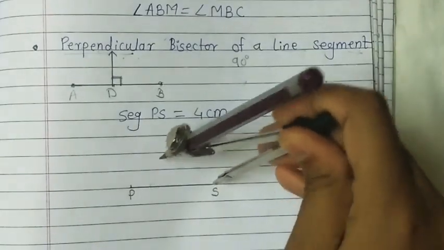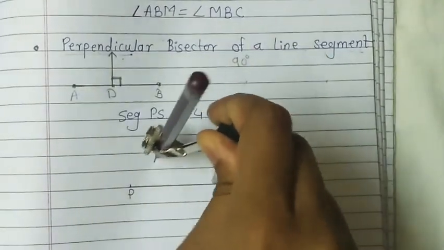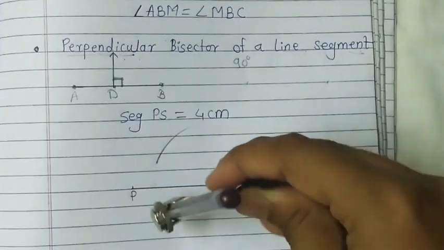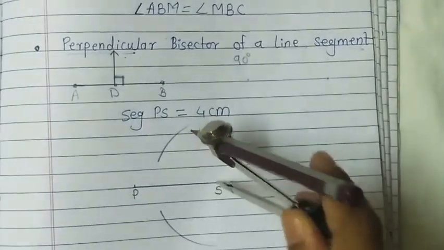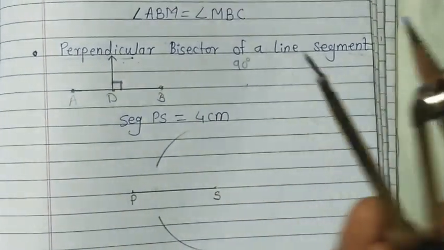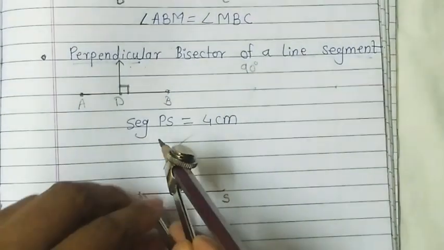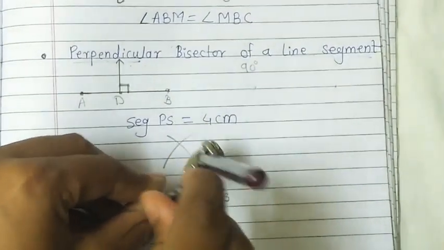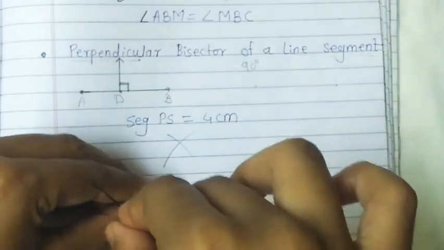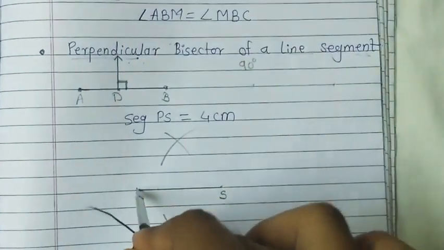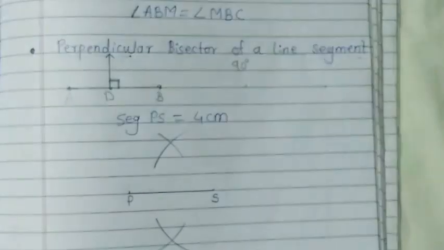Let's draw. One is upside and one is downside. Over. Keep the same distance. Now put on point P and draw another arc, upside and downside.